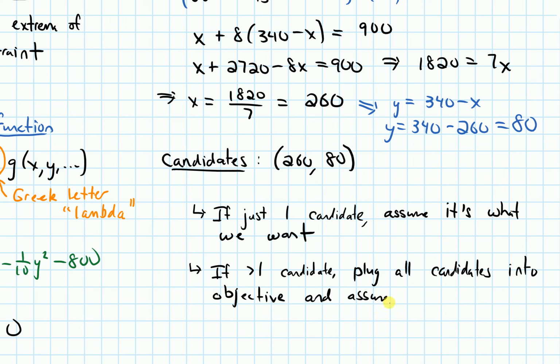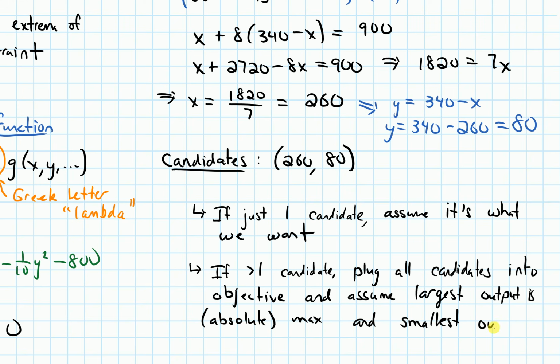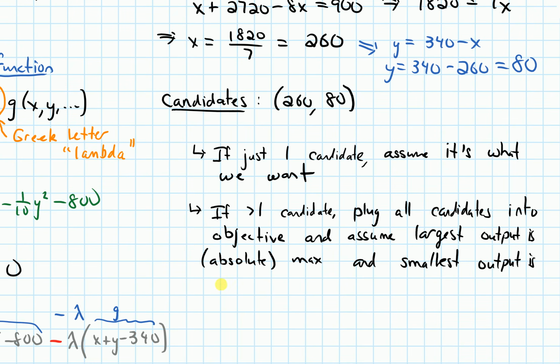We're going to assume that the largest output is the absolute max, and the smallest output is the absolute min.